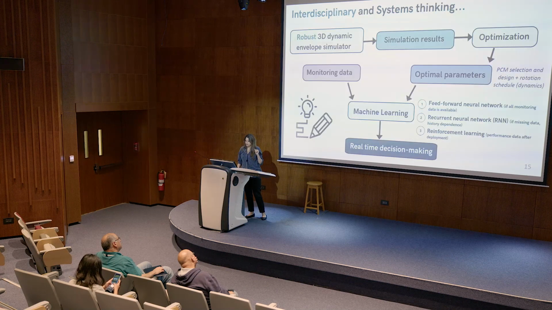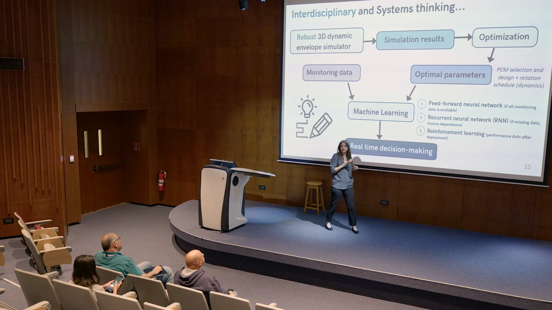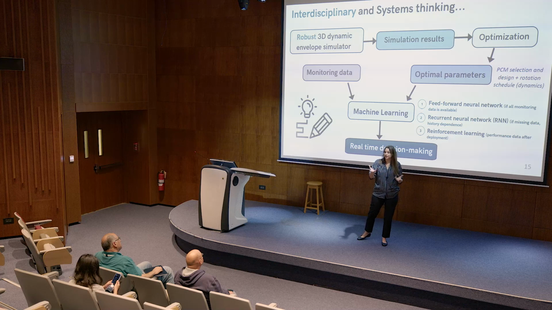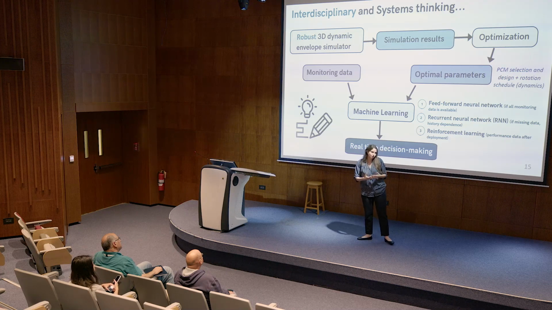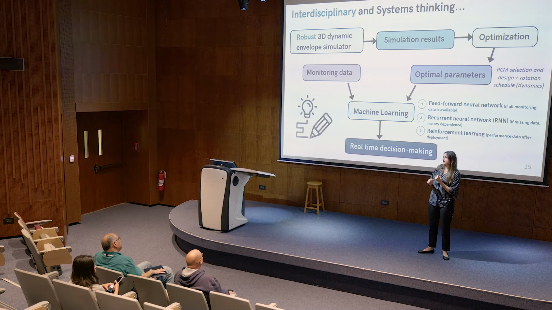But how would the system actually work? And this is where the actual shift in the design perspective is. We have to do systems thinking, and we have to bring everyone to the table to think about how that would work, because there is decision making when the rotation of the cylinder would happen. We have to monitor the outside temperature.